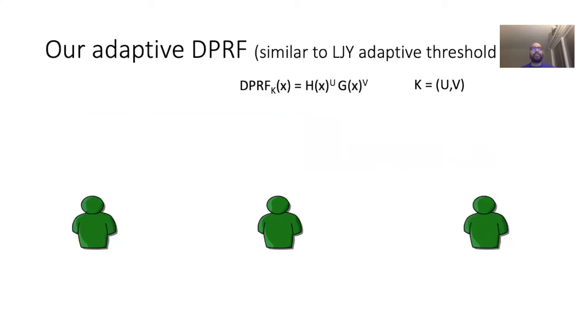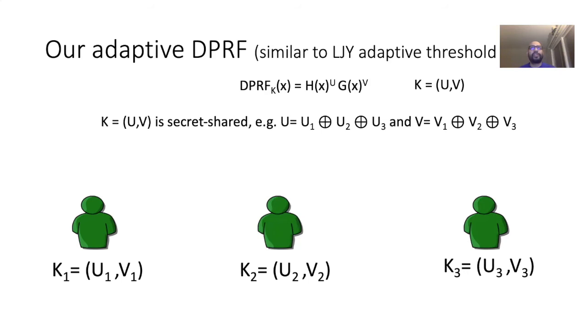So let's see how we can fix it. We take the idea from the adaptive threshold signature of LJY. Instead of having exactly one key, we now have two parts to the key, U and V, and we use two random oracles, h(x)^u and g(x)^v, and the rest of the scheme is exactly the same.